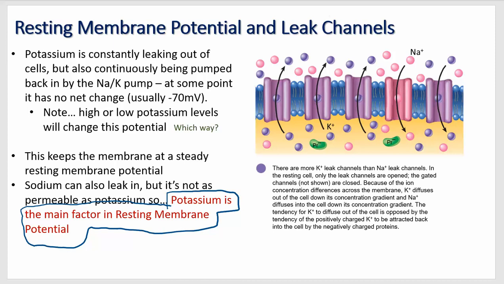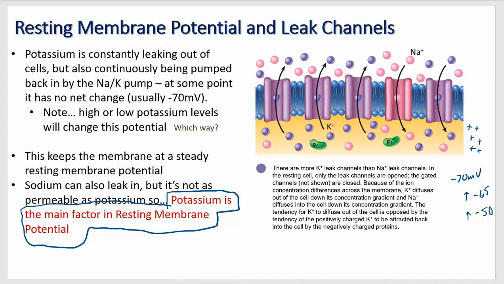If the potassium doesn't leak out and take that positive charge outside with it, then more of those positive ions are going to stay in there, and it may go from -70 millivolts up to like -65, and then it may depolarize completely at like -50 if it gets that high. So when your potassium levels are really high, the inside of that cell becomes less negative. It starts to depolarize.